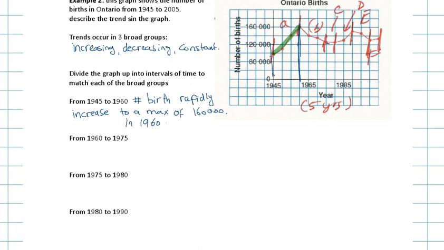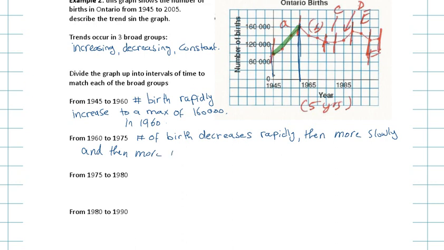So we're going to say that the number of births, from 1960 to 1970, decreases rapidly.